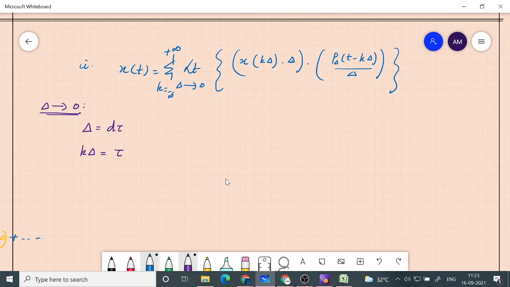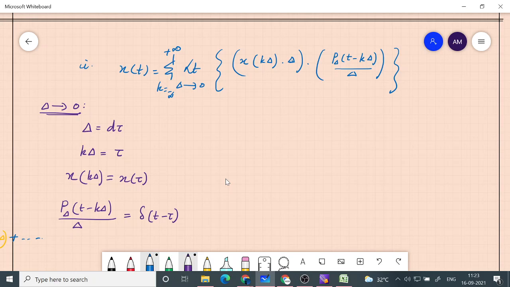Then what else? X of k delta will become x of tau. Then p delta of t minus k delta divided by delta becomes, all of these are happening in the limit delta goes to 0, delta of t minus tau.